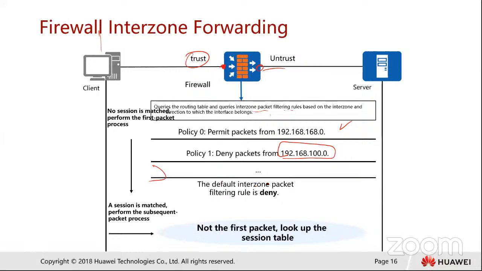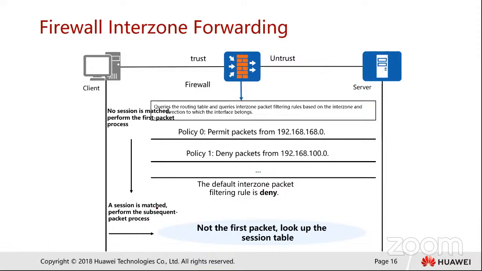And the default interzone packet filtering rule is deny. Usually most of the firewalls, be it Cisco, Huawei, or any firewall, the default interzone packet filtering rule is to deny.